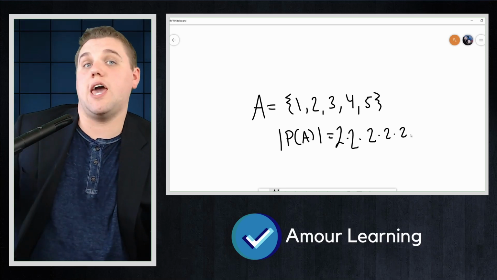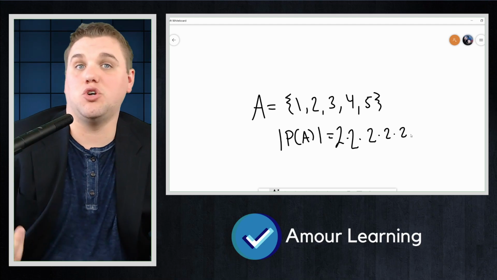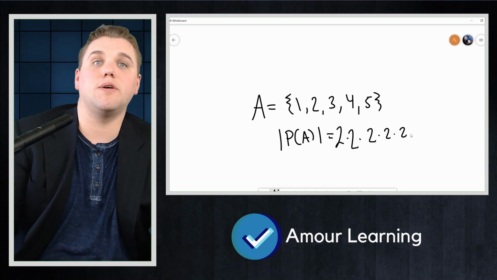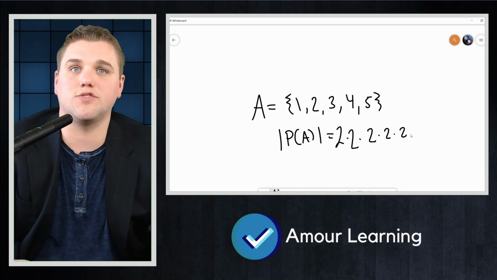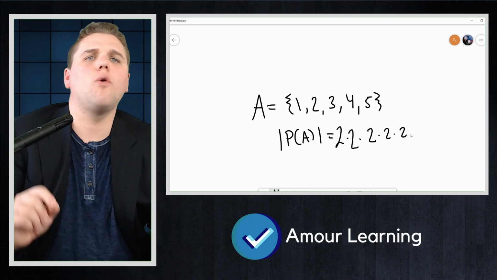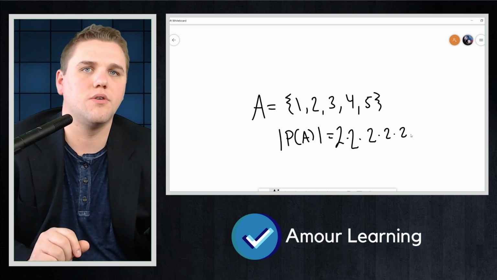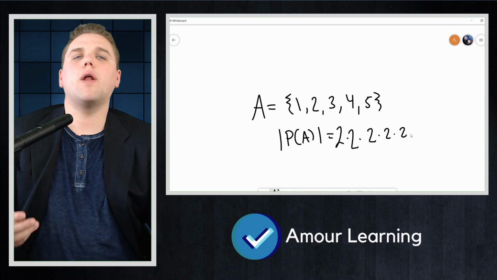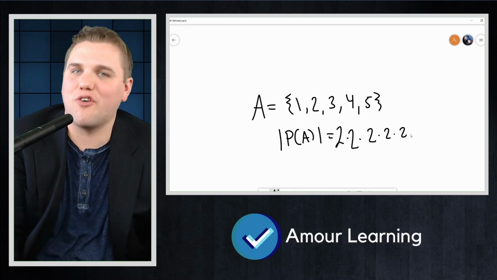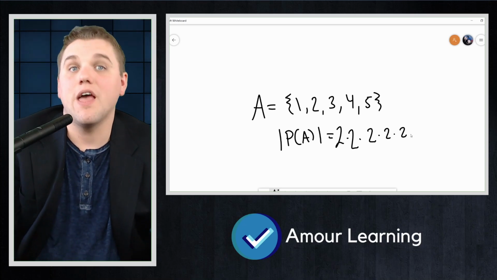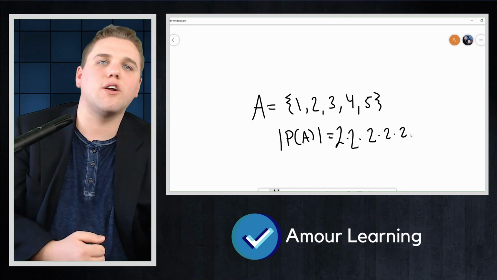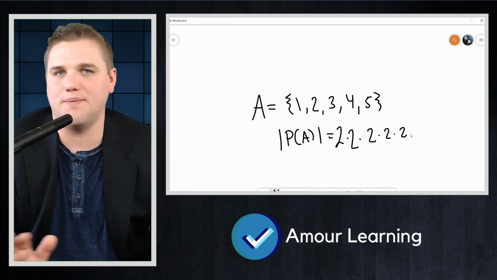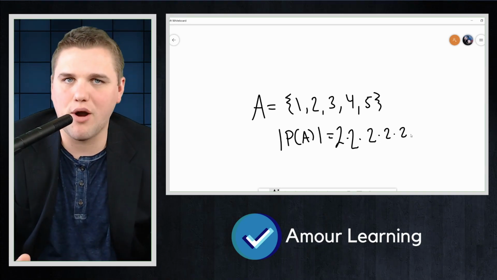Maybe we want to say we have 2 choices, yes or no, for the first element, 2 choices for the second, 2 choices for the third, and then only 1 choice for the other 2. But what if we say no to one of the first 3 elements? Then we'd have 2 choices for the fourth element, and this is a terrible way of approaching the problem.